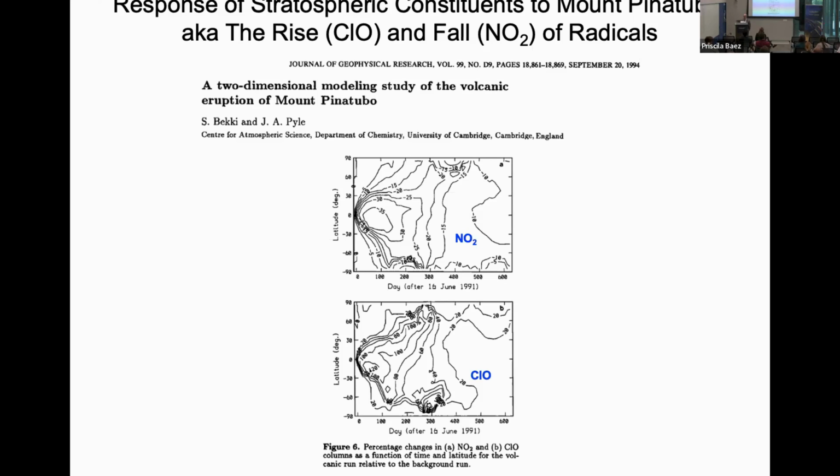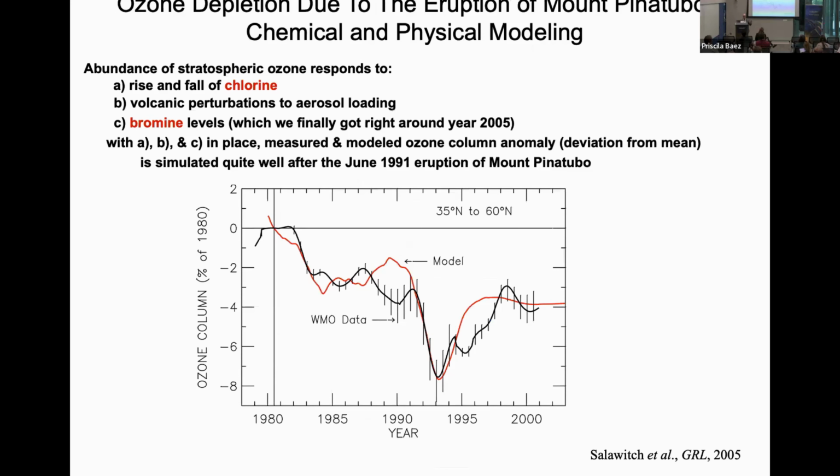Now, it took us a while to really put things together and figure out the chemistry. But we finally did. I led this paper in 2005. We initially couldn't model the great depth of the ozone depletion in Northern Hemisphere mid-latitudes. This is the anomaly, because we had to get bromine right.